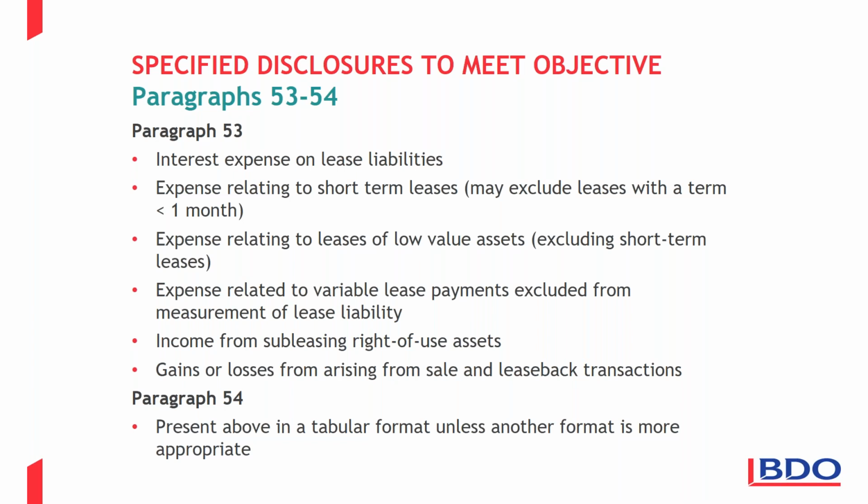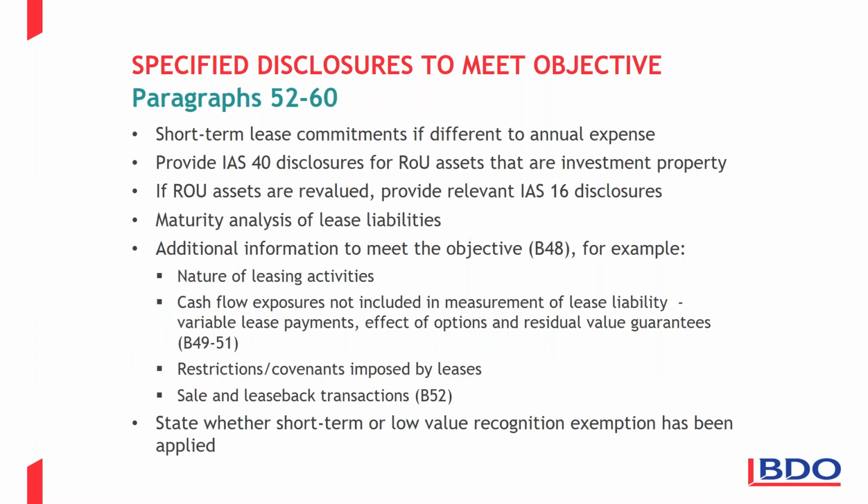As you know, when we calculate the lease liability, we only look at fixed lease payments or in-substance fixed payments. As these variable lease payments get processed, market reviews, CPI adjustments, you have to disclose that separately in the notes. You have to disclose the income from subleasing right-of-use assets, and also if you've got any gains or losses arising from sale and leaseback transactions, disclose it separately. They say in paragraph 54, you present the above in a tabular format unless another format is more appropriate.